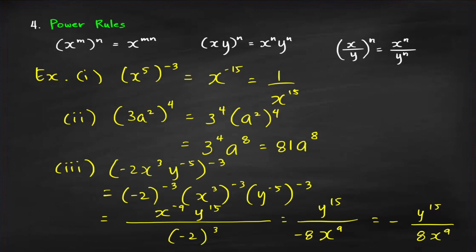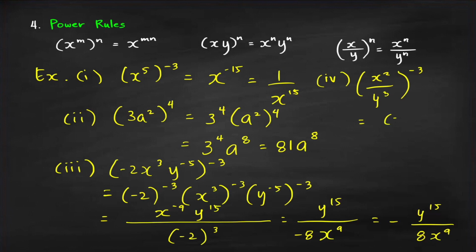And let me give you one more example. Let's say we have x squared over y cubed, and then this quotient is raised to negative 3. So we can use here this third power rule. It's the power of a quotient, and we can write it down. So by this third rule, we can raise the numerator and denominator to the power negative 3.